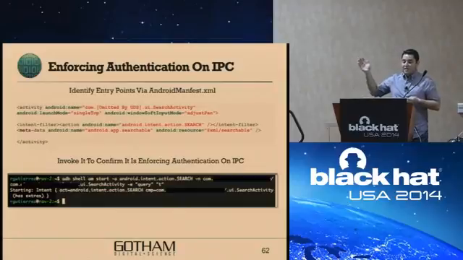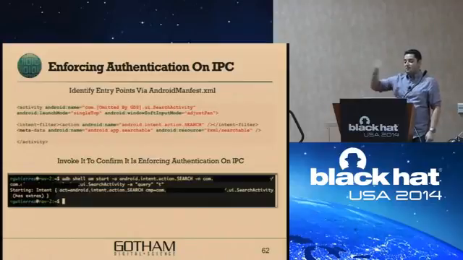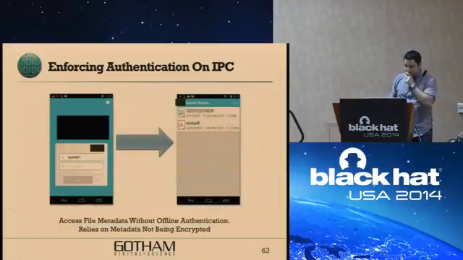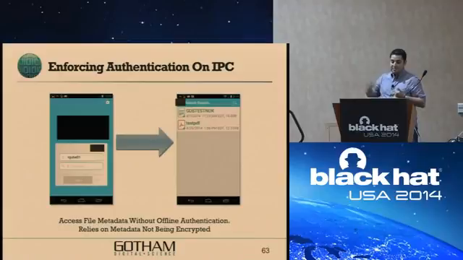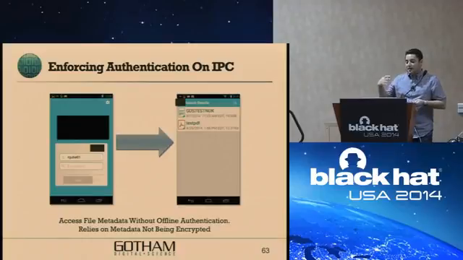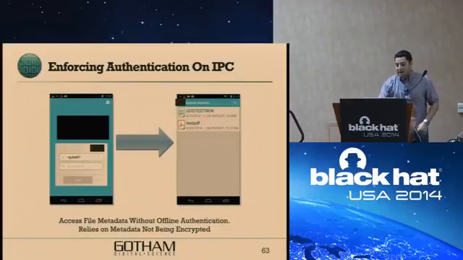Using ADB shell, no rooting required or anything like that, I can invoke the activity and potentially bypass the whole login screen. So here's an app. I'm currently unauthenticated. If I just plug it in and type the ADB command, I can then bypass it and access any unencrypted file data that was on there without having to actually do any work. So it's kind of interesting.